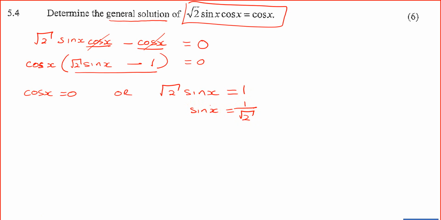I'm going to get back to the first equation that I solved for, and that is cos x is equal to 0.